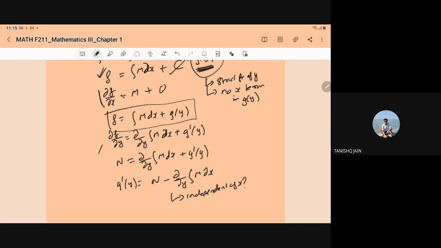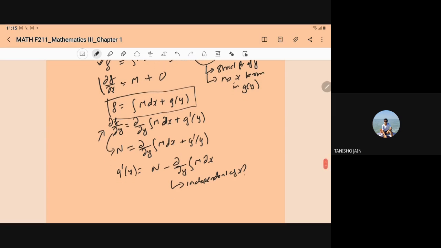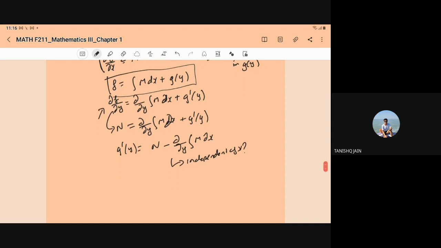And by our assumption, del f by del y is equal to n. So n is equal to del by del y of the integral m del x plus g dash y.